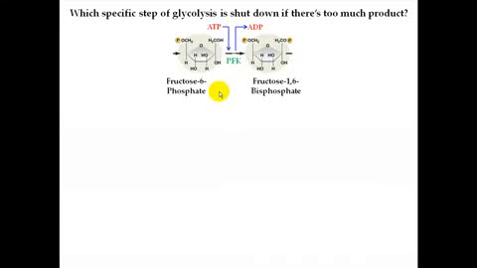To be more specific, what we're saying here is that this enzyme can be activated or inhibited depending on the cell's needs, depending on whether it needs more ATP or whether it needs to cut down on ATP production. So to see how this enzyme is activated or inhibited, let's take a closer peek at it.